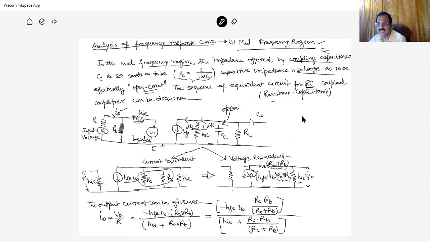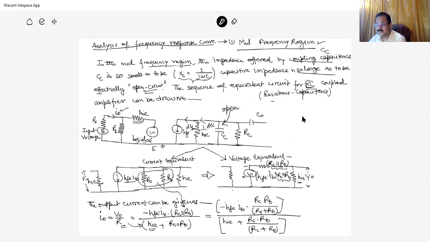So V0 is hfe into IB and RC RB, the parallel combination of this RC and RB. And here hie, this one is the resistance hie plus this resistance, the sum of two resistances R. So hfe IB times this parallel combination RC into RB divided by RC plus RB.